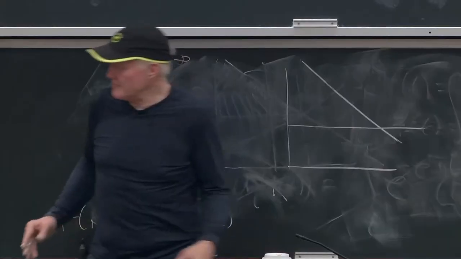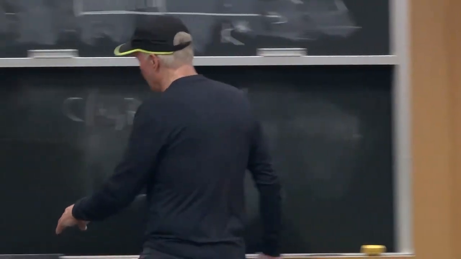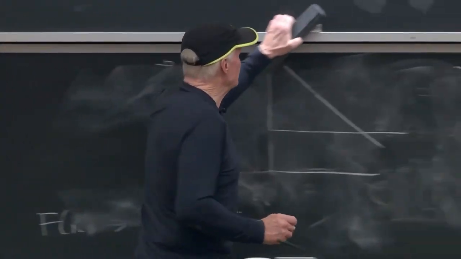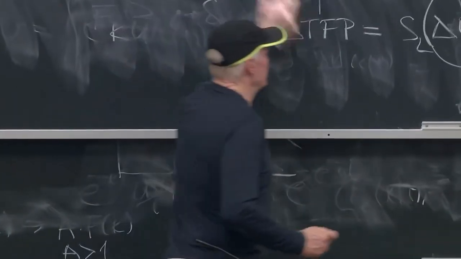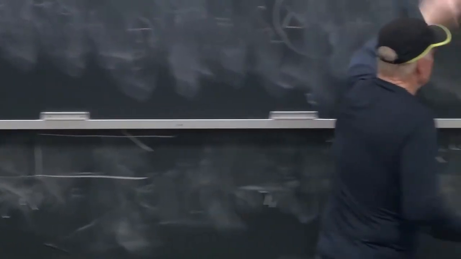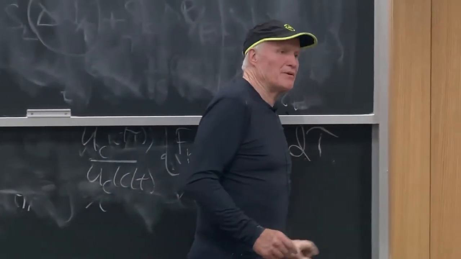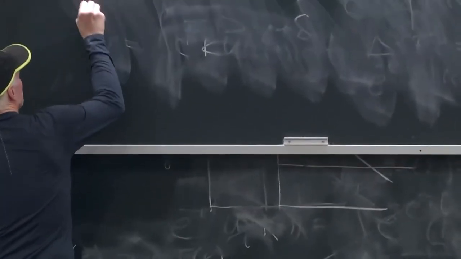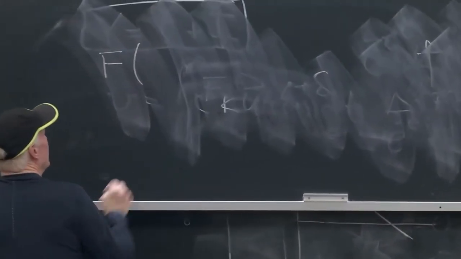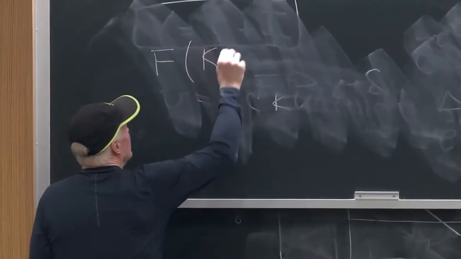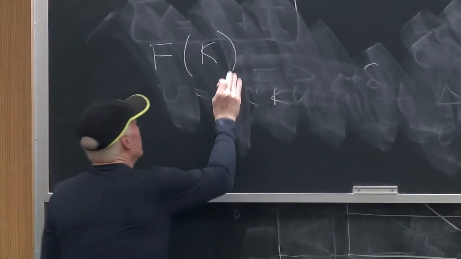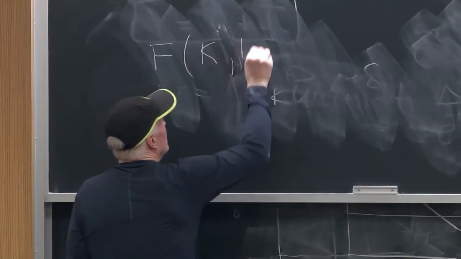Now, one of the things that, for example, in his piece, Larry Summers talked about was, what if there is a taxed sector and an untaxed sector? What if there's one sector that taxes capital and another sector that doesn't? So I'm going to modify my production function a little bit, and I'm going to make it F of K, or we can make it K and L, it doesn't matter.